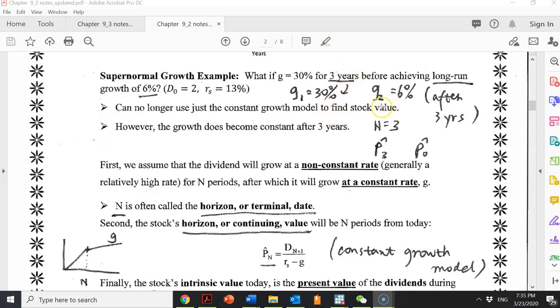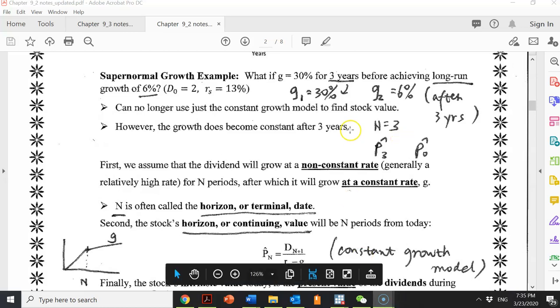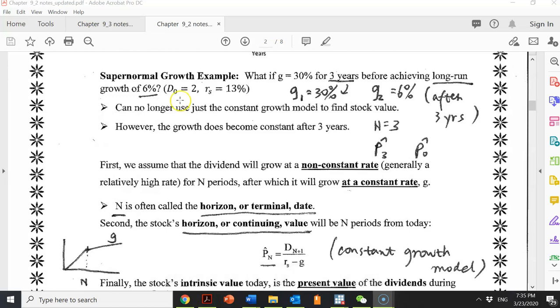In the second stage, G2 equals 6% for all the years after the third year. We also know that D0 equals to 2. The dividends are just given out in the beginning of the first year, and it's $2. Stock return, RS, is 13%.